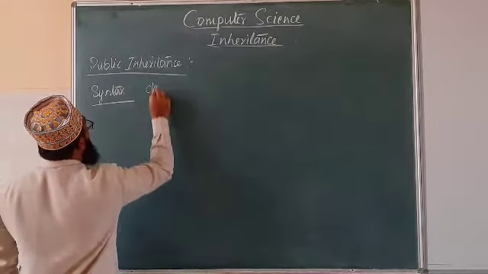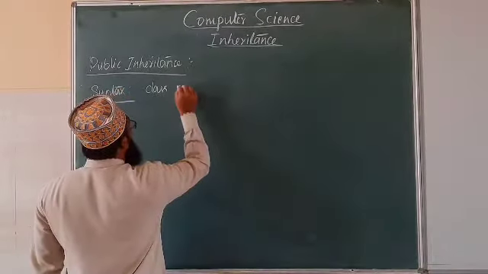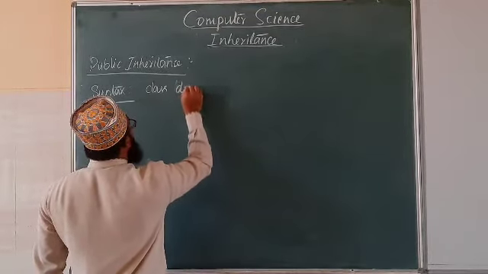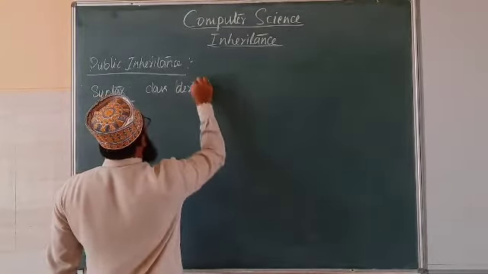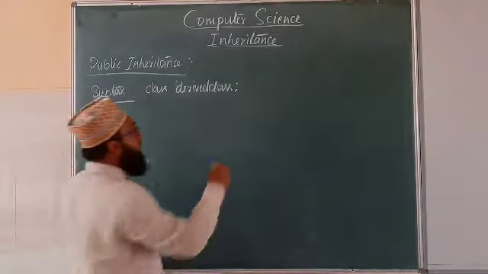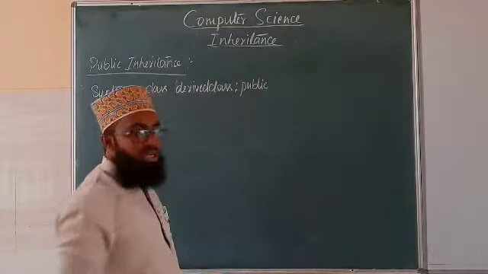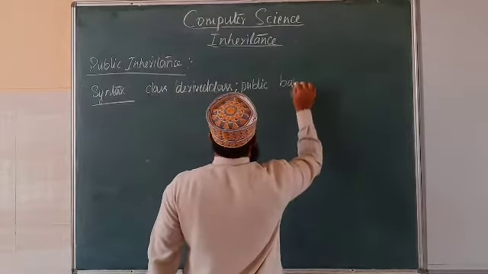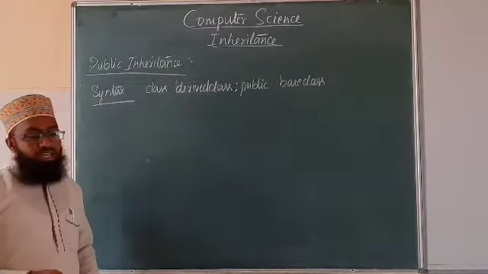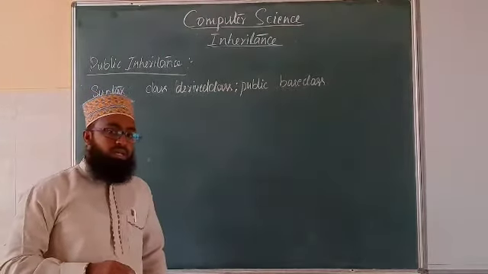First write class, then the subclass, which can be called the derived class. After that put a colon, then for public inheritance you have to write public. Then give a space and write the base class. Like this we can declare the syntax of public inheritance.